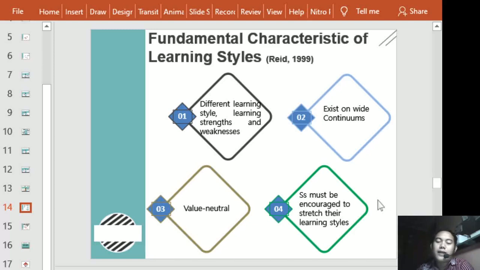That is, no one style is better than others. Then students must be encouraged to stretch their learning styles so that they will be more empowered in a variety of learning situations. And then students' learning strategies are often linked to their learning styles. And the last one, teachers should allow their students to become aware of their learning strengths and weaknesses.